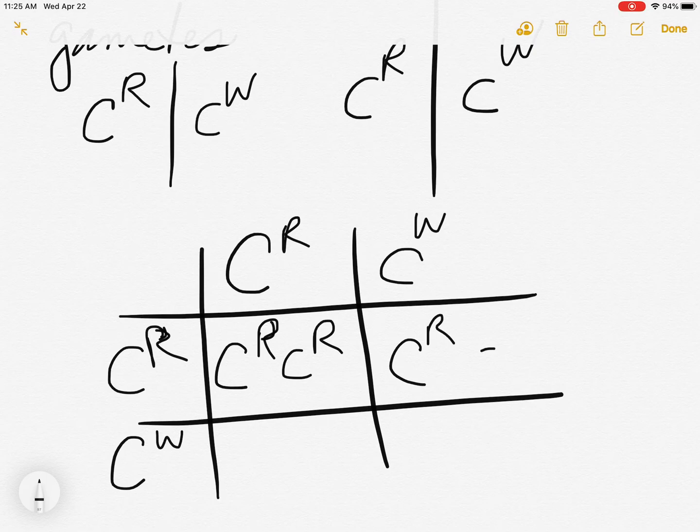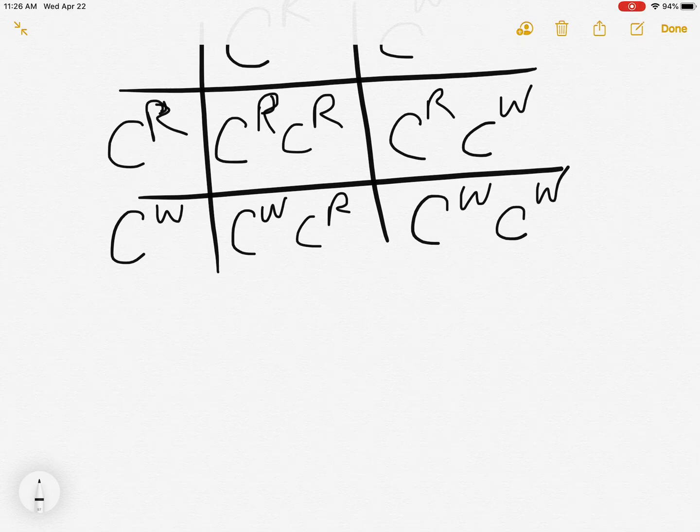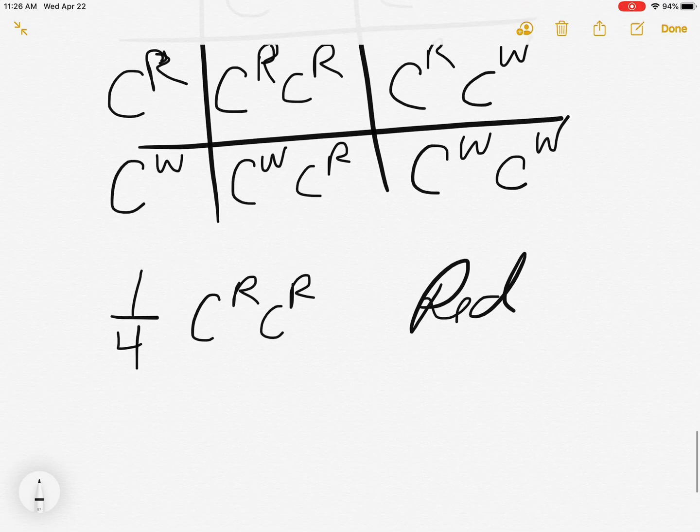Now when we cross them, we get a whole variety of things. 2 CRs, here's a CR and a CW. Here's a CW and a CR, which is kind of the same thing, just backwards. And here's 2 CWs. So now look at the ratios when you cross the pink flowers. We have 1 out of 4 CR, CR.